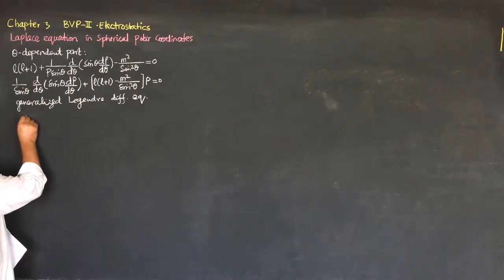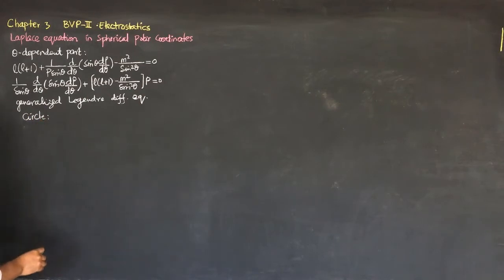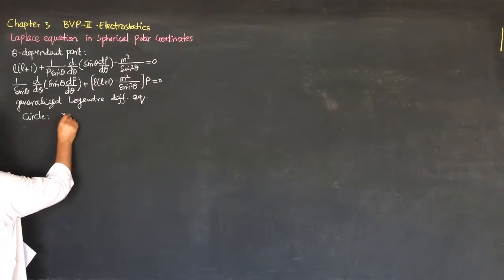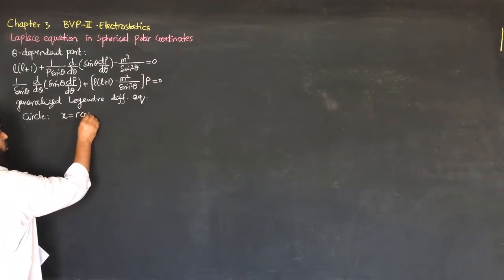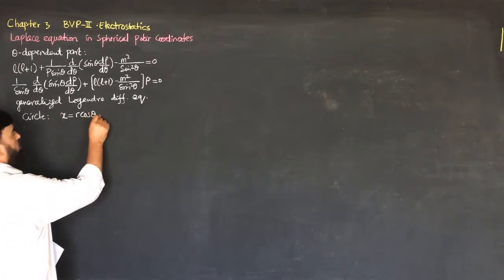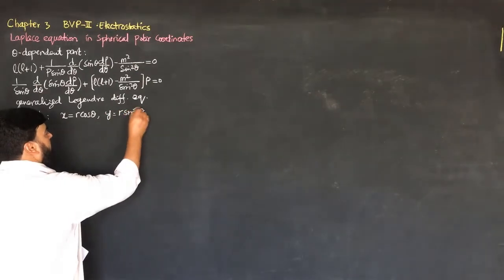We know that when we are having a circle, it is a two-dimensional sphere. So when x is equal to r cos theta, this is the Cartesian coordinate, here are the polar coordinates, and y is equal to r sine theta.